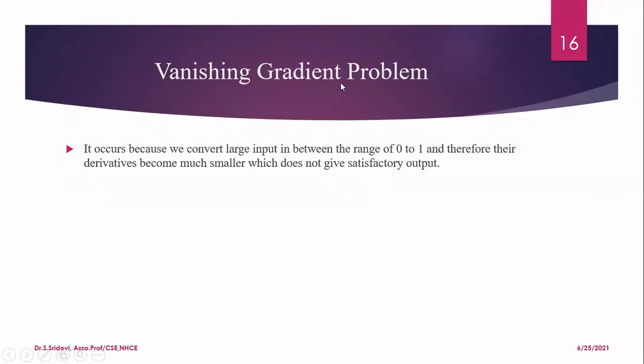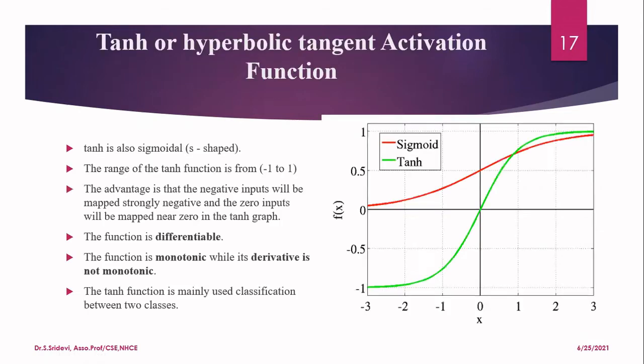That is called the vanishing gradient problem. Gradient is nothing but derivative. Vanishing gradient means the derivatives are becoming very, very small, so we are not able to get a satisfactory output. That is a drawback of the logistic or sigmoid function. To overcome that, people went for other activation functions. So we will see what other activation functions we have.